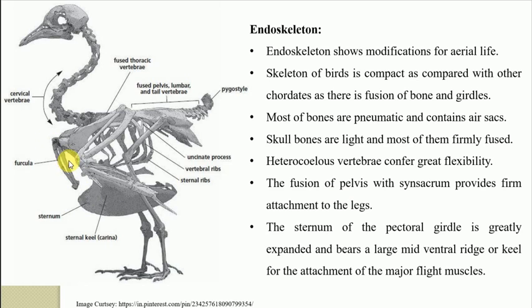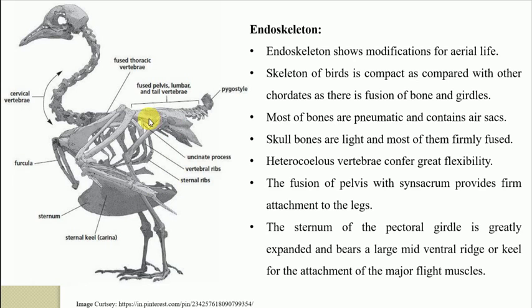So this is the sternum, which is commonly known as a keel. This keel is highly developed among the birds, and it gives the site of attachment to the pectoralis major muscles, which are responsible for the downstroke movement of the wing, which is again very important.